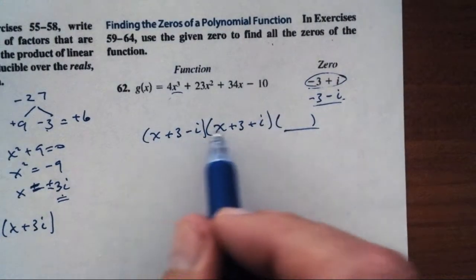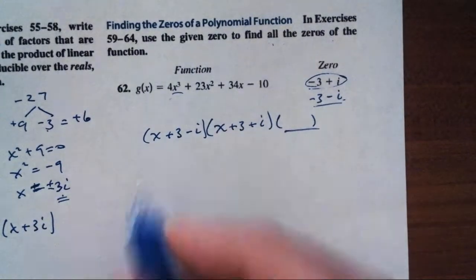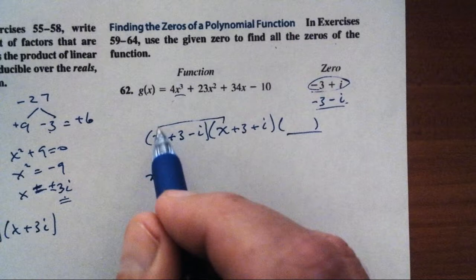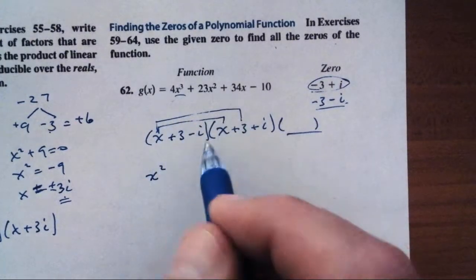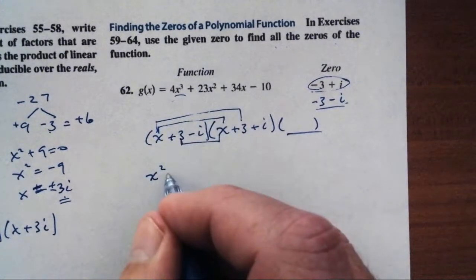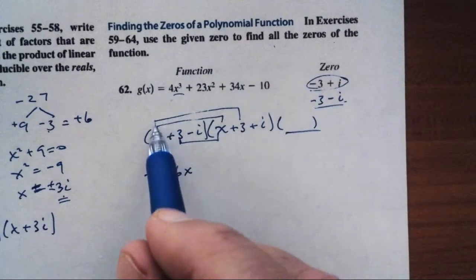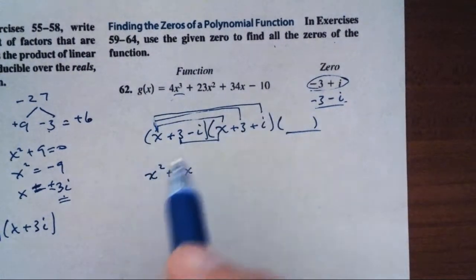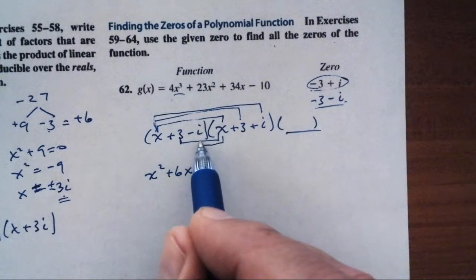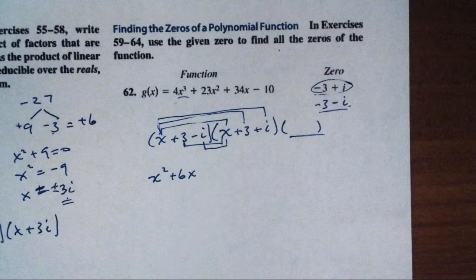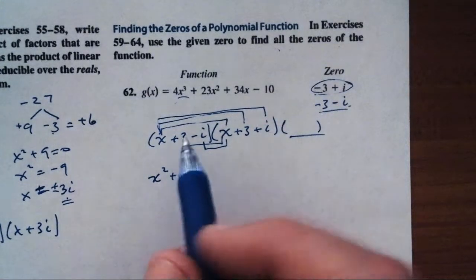Okay, I'm going to just superfoil these. The only place I'm going to get x squareds is here. I'm going to get 3x's here and 3x's there for a total of 6x's. I'm going to get a positive x times i there and a negative x times i there, and the conjugate's going to work, those cancel. And I'm done with my x's.